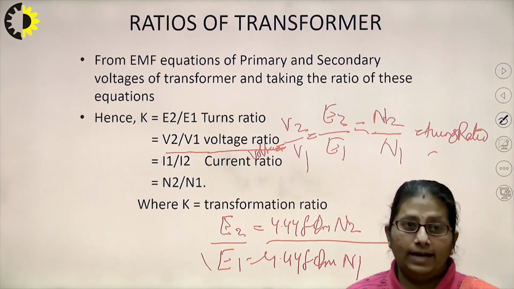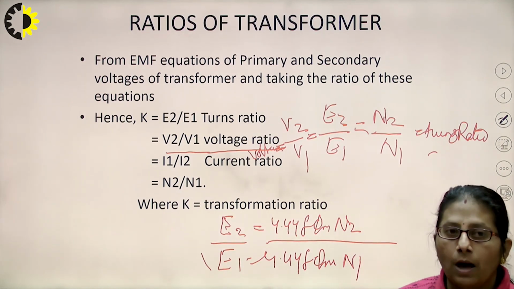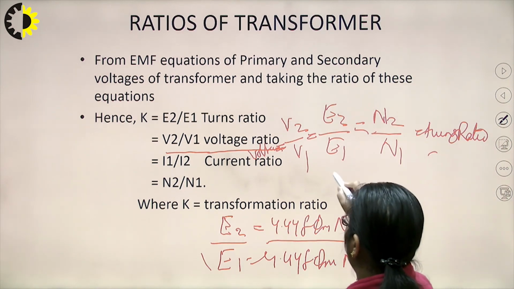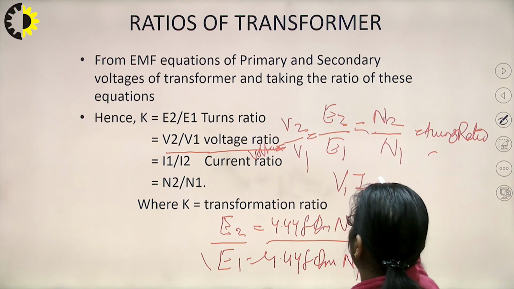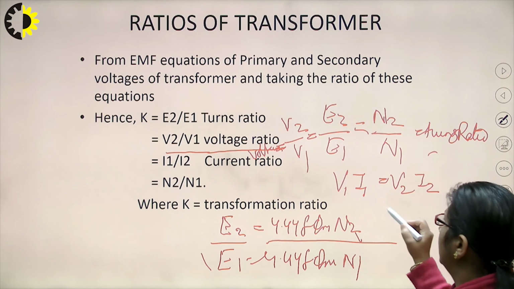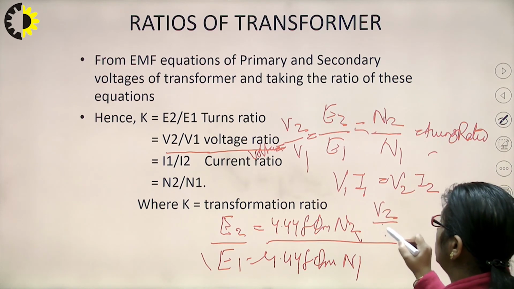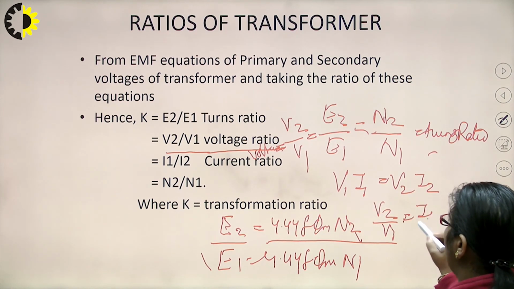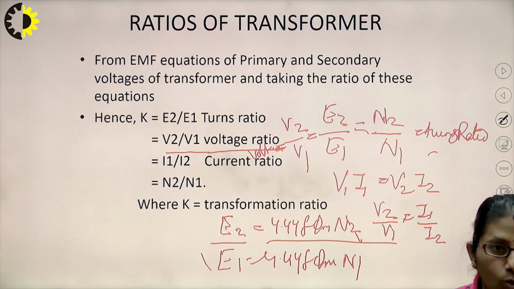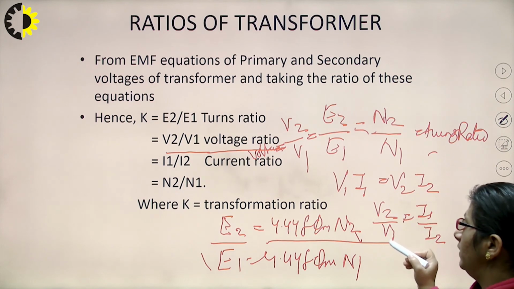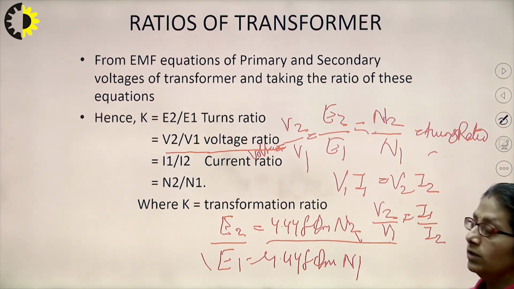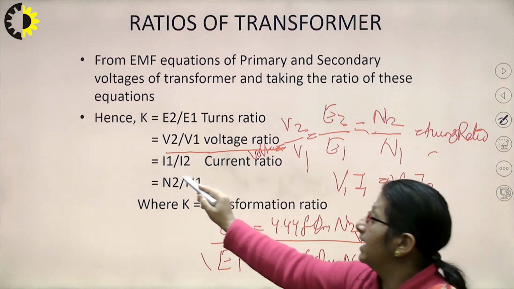I also know that in a transformer, the power remains the same. That means the primary power, V1 I1, must be equal to V2 I2. If that is the case, V2 by V1 must be equal to I1 by I2. So I may add one more ratio over here: this V2 by V1, which you call the voltage ratio, must be equal to I1 by I2, the reverse, and I call that the current ratio.